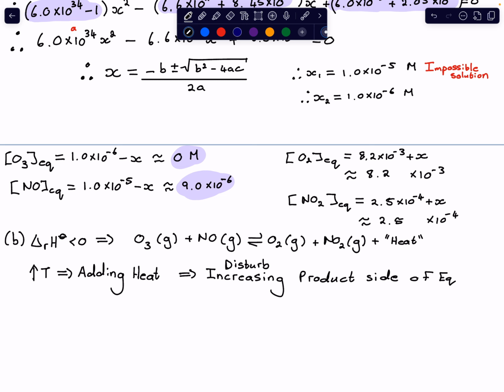How will the system respond? Well, the system will respond in the opposite manner. So hence, the system will respond by decreasing the product concentrations and hence increasing reactant concentration.